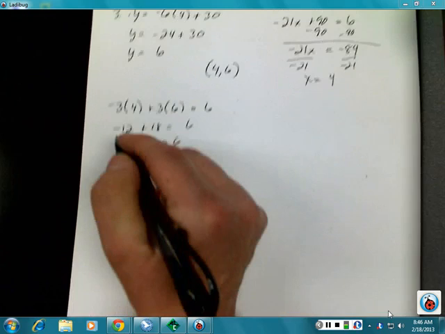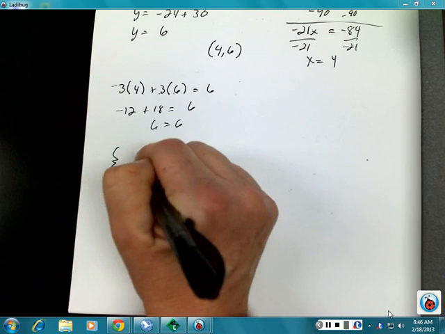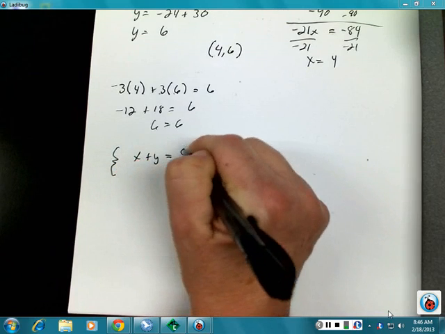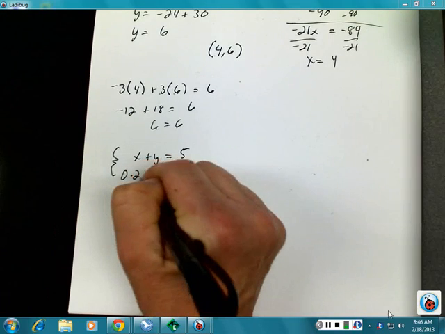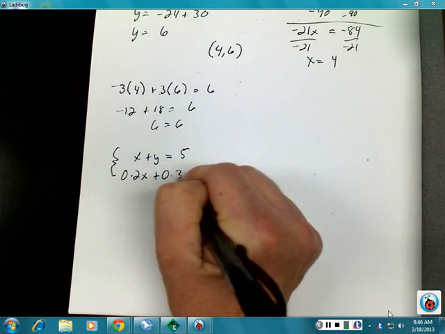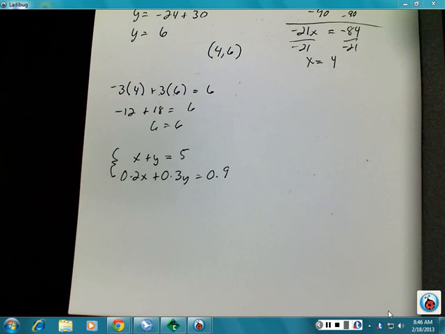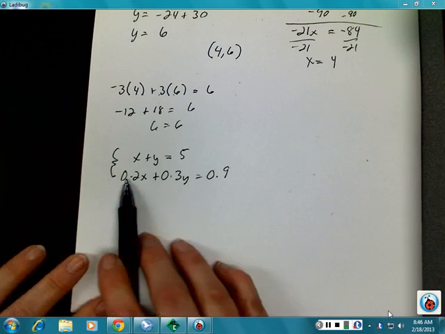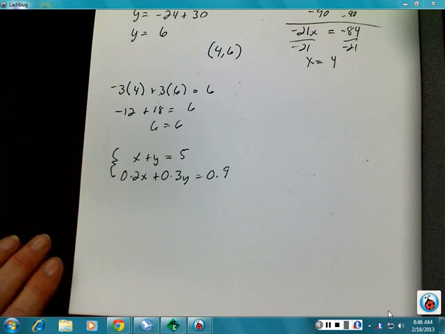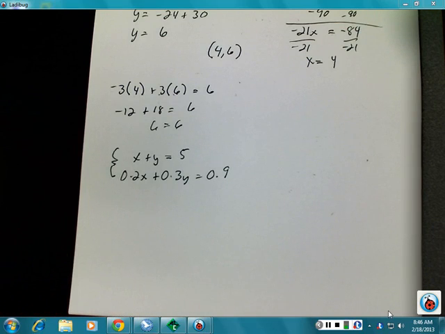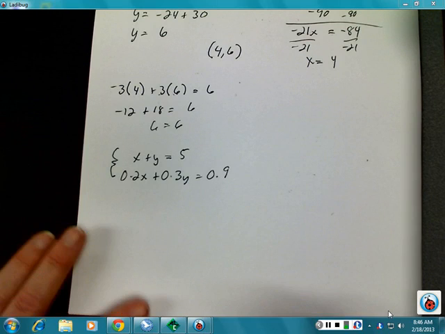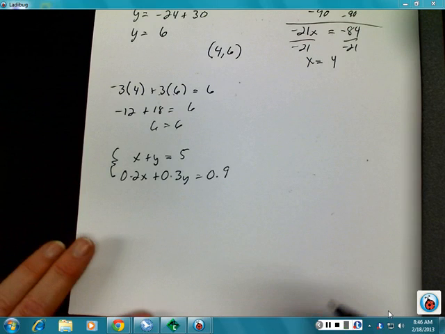An example of that would be x plus y equals 5, and 0.2x plus 0.3y is equal to 0.9. Now, you can do these just leaving the decimals in there, or it's a little easier, and we use this in 8.3, to get rid of the decimals.